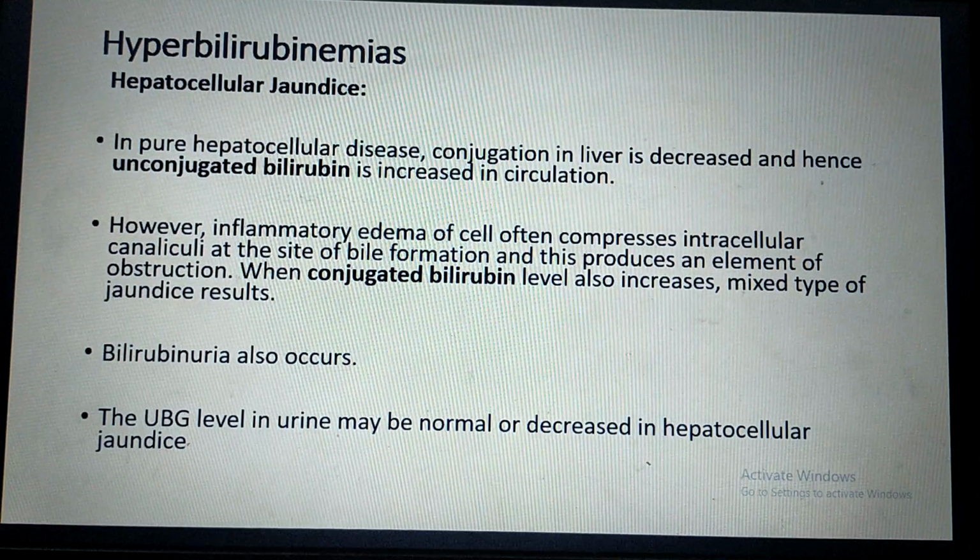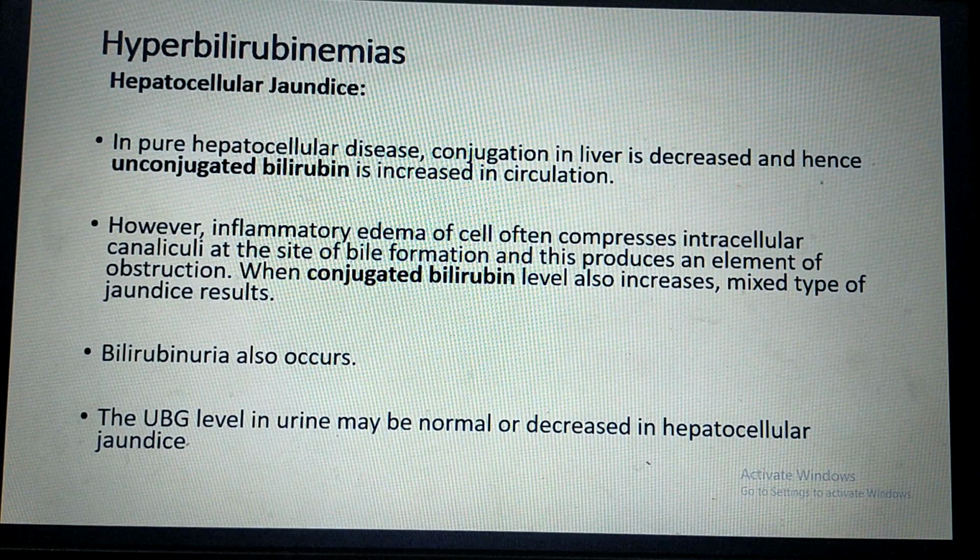Next is hepatocellular jaundice. Here it may be seen in two ways. When it is pure hepatocellular disease, meaning in the initial stages when the liver cells are damaged, the conjugation process is hampered. So conjugation in liver is decreased and hence unconjugated bilirubin is increased in the circulation.